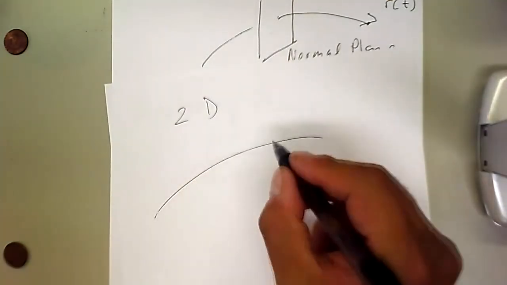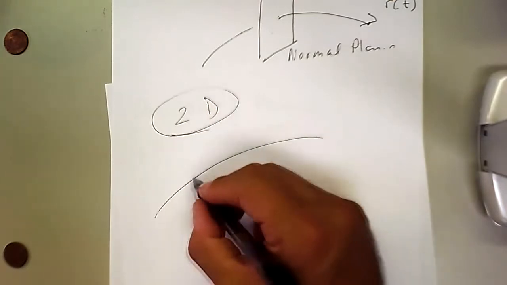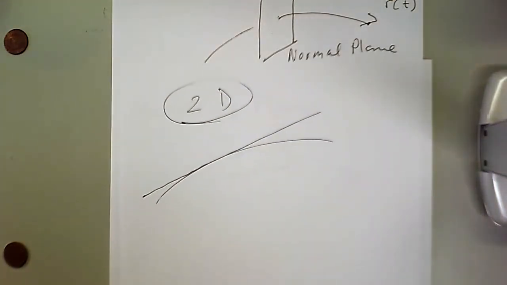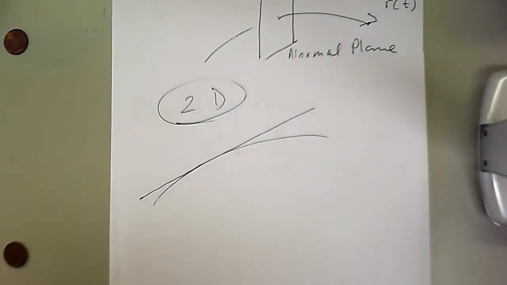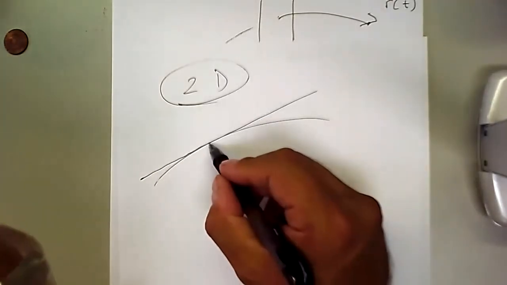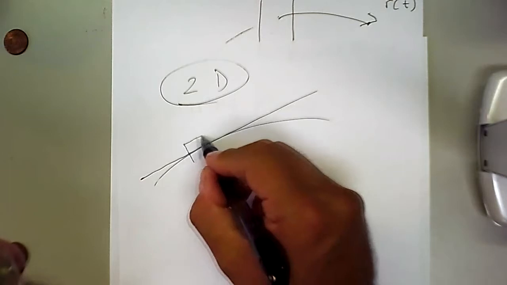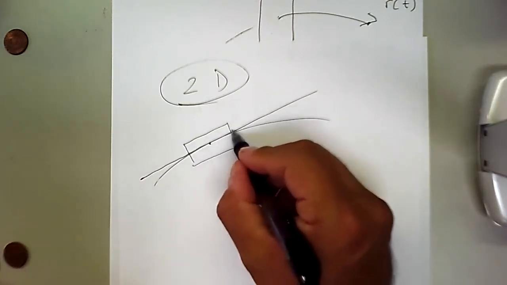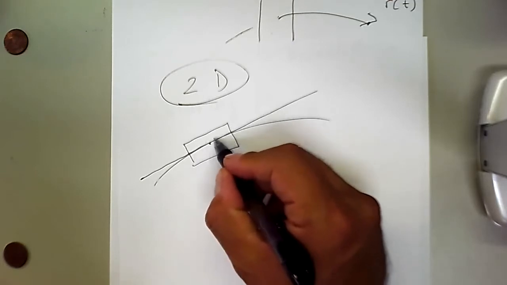If you have a curve, this is in 2D, why is this tangent? A lot of people say, well, because it hits only at one point, and that is not necessarily true. The reason why we call this the tangent line at this point is because if you zoom close enough, the curve and the line are very much the same.